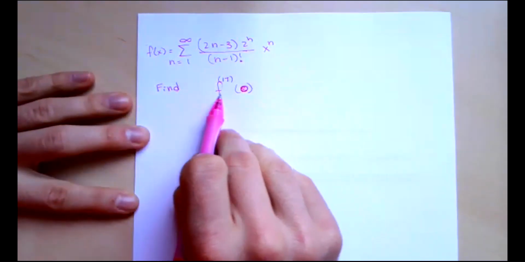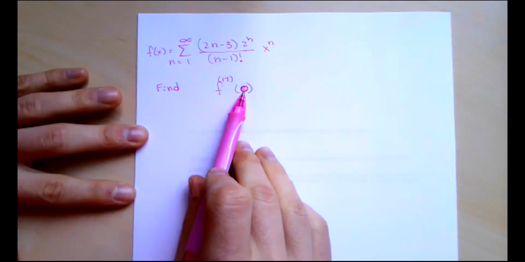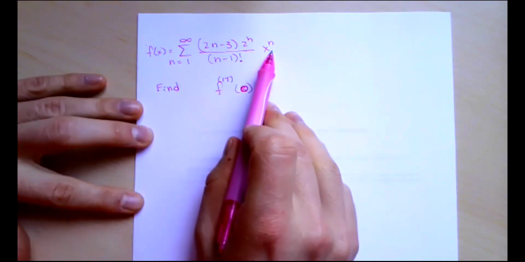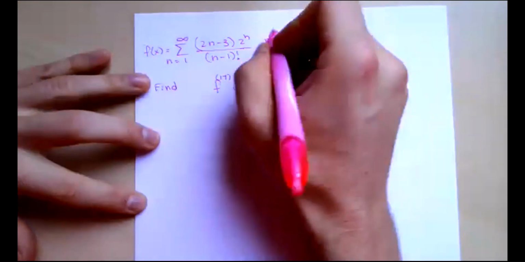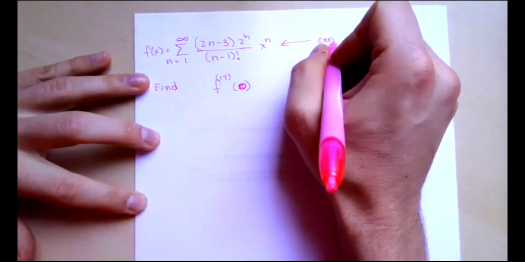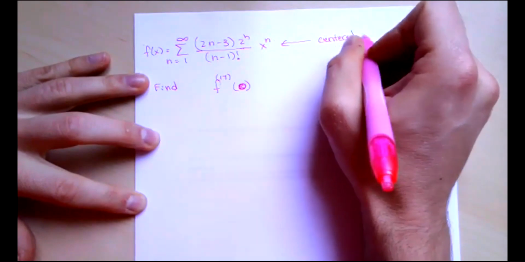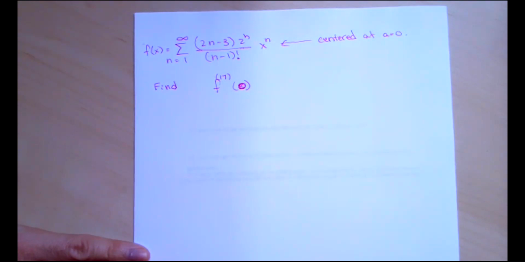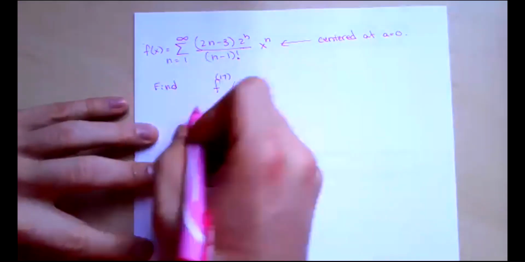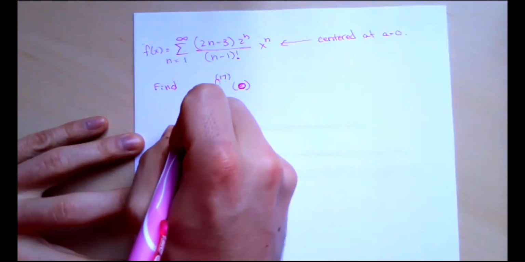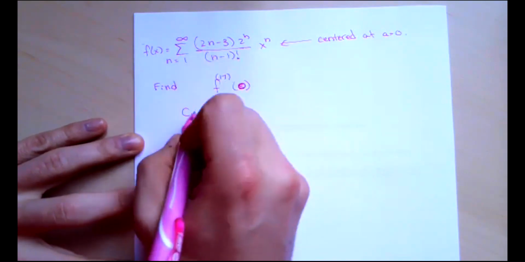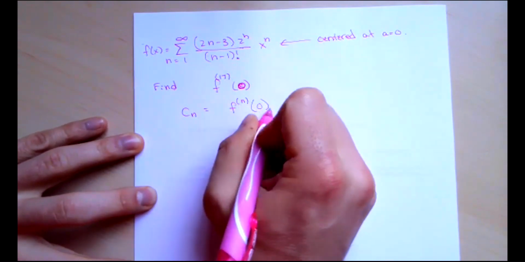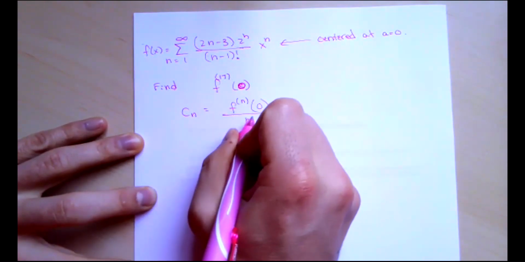So one thing to note is that if I give you a question like this, the value we care about in terms of the derivative and the x value we care about is the center. All right, so this is a power series centered about a equals 0. By our formula, the nth coefficient is the nth derivative evaluated at the center over n factorial.